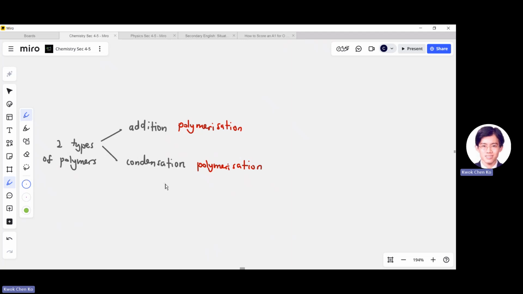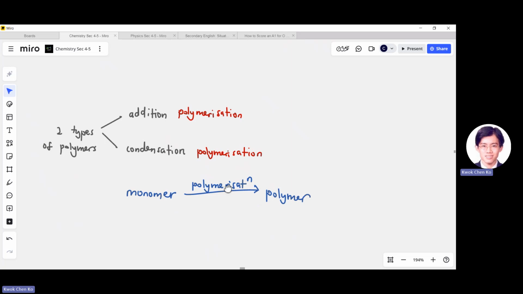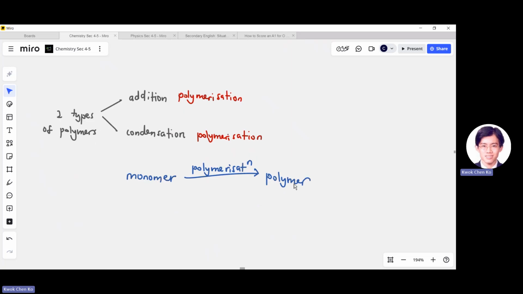That molecule is called a monomer. So your monomer polymerizes to become a polymer.